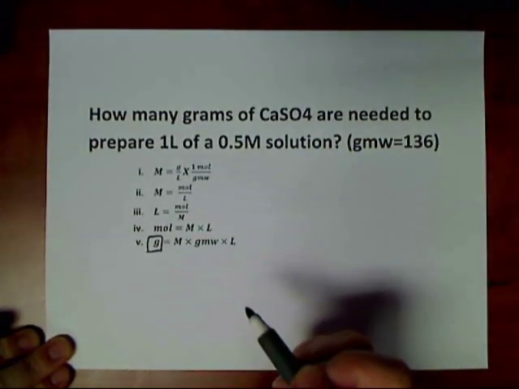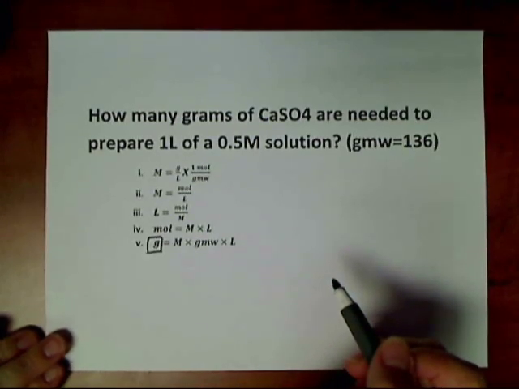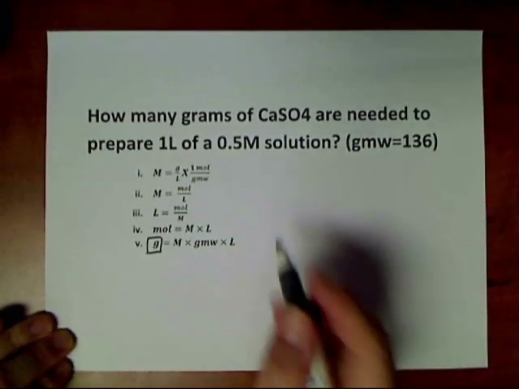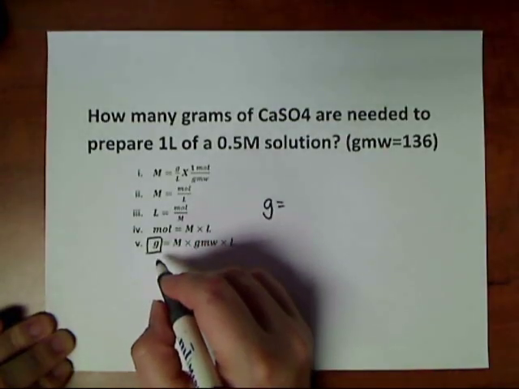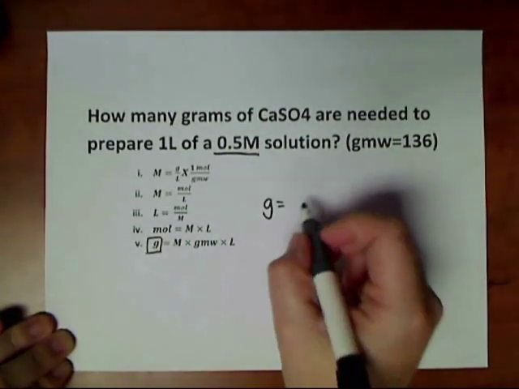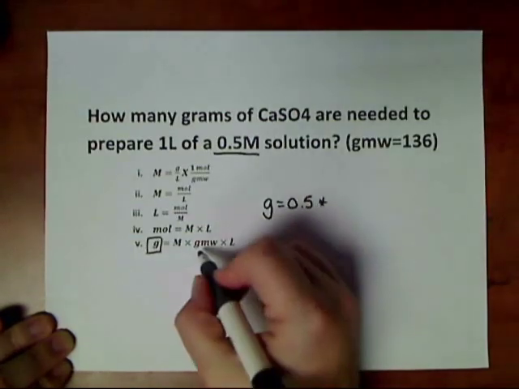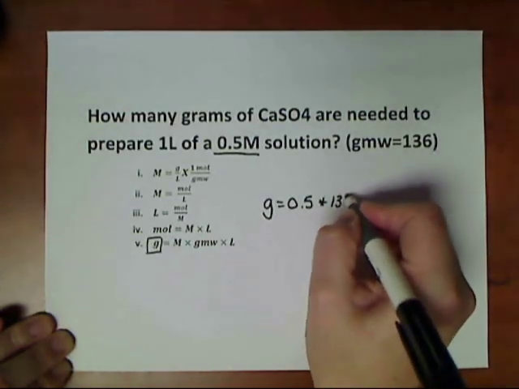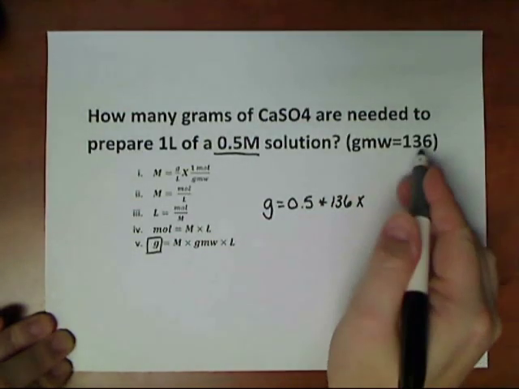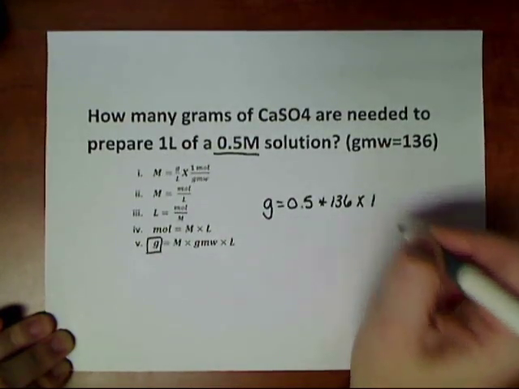Grams equals the molarity times gram molecular weight times the liters. So let's go ahead and plug this in. So grams equals the molarity, which is given to you in the problem, 0.5, times the gram molecular weight, which is given to you in the problem, is 136, times the liters, given to you here, is 1 liter.